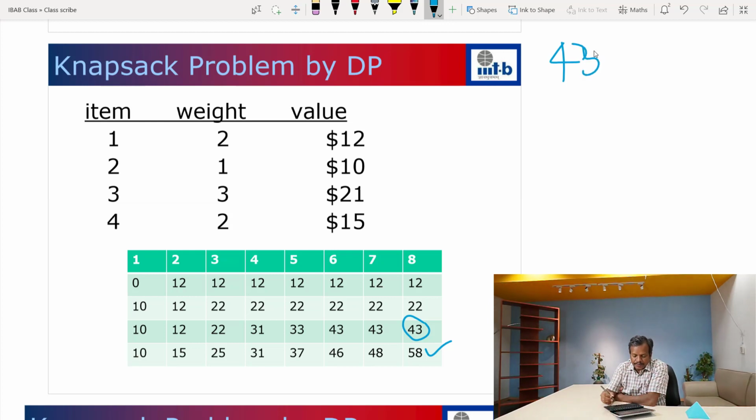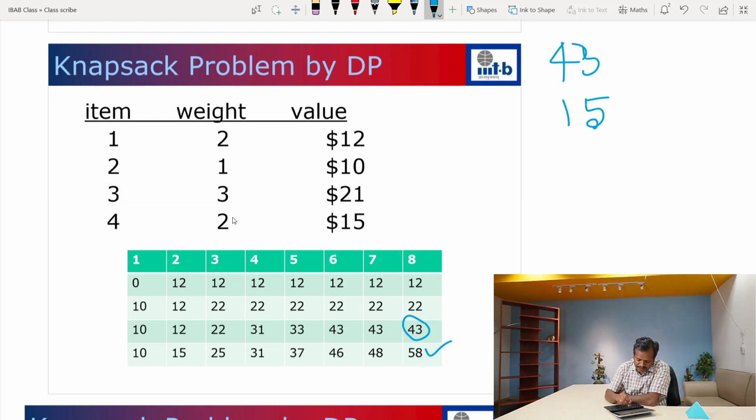If I decide to pick the fourth item, then I make a profit of value 15. But that will occupy a weight of 2. So I will be left with a knapsack of size 6, and I have to pick from the first 3 items.